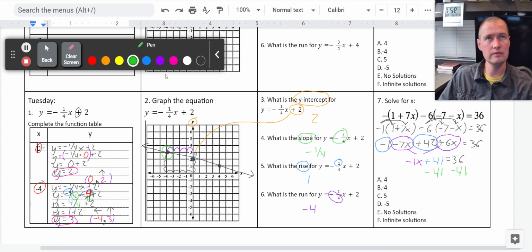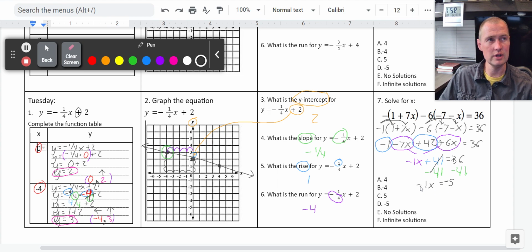So here we got negative 1x, didn't do anything with that, equals 36 subtract 41. Ooh, that's going to take us to, looks like 5. But because we have a positive and a negative, and the negative is larger, this is going to be a negative 5.